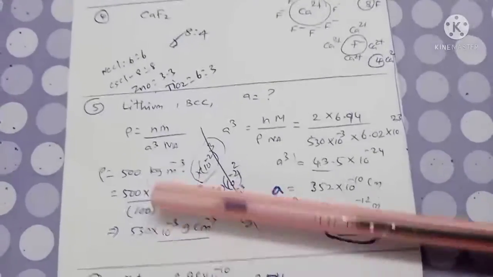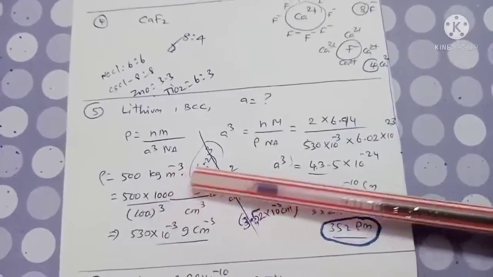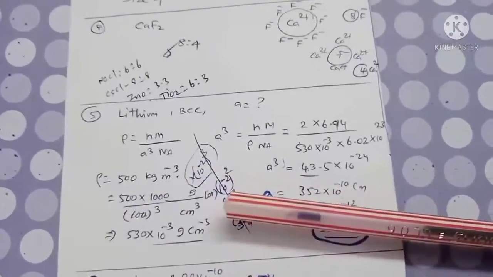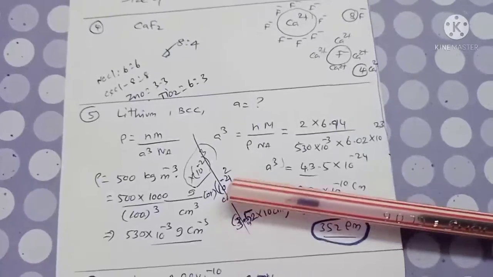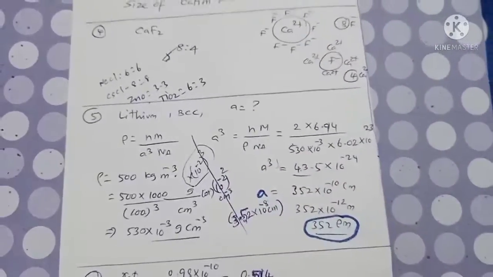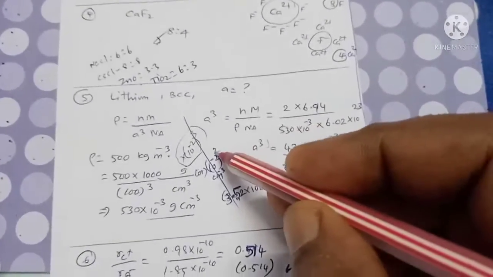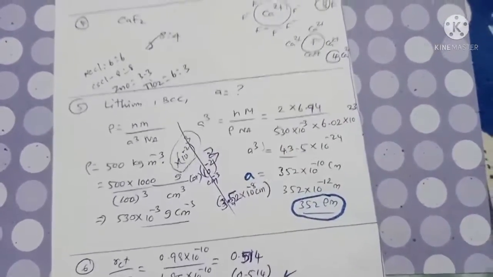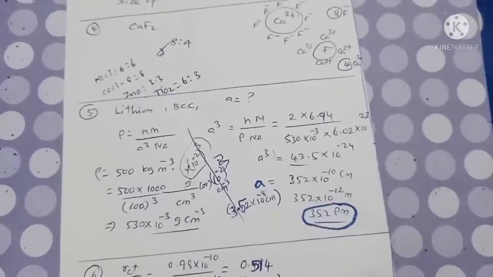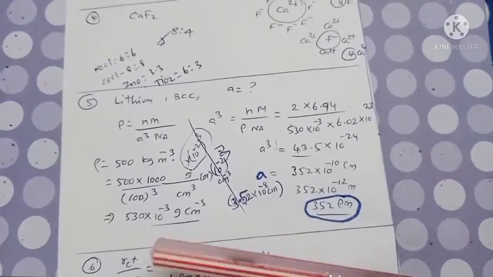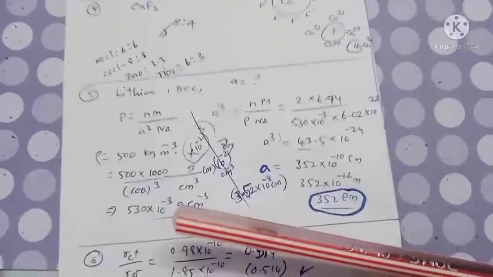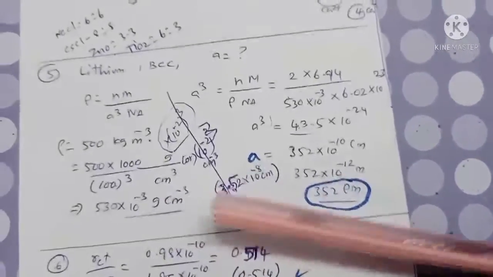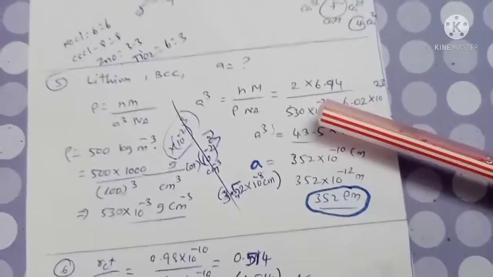I multiply by 1000 to make it gram, and I multiply by 10 power minus 2 the whole cube, this is not 2, this is 3, to make it per cubic centimeter. As a result I get 530 into 10 power minus 3 gram per cubic centimeter. That is the density of this lithium crystal, substituted in the denominator in place of rho.